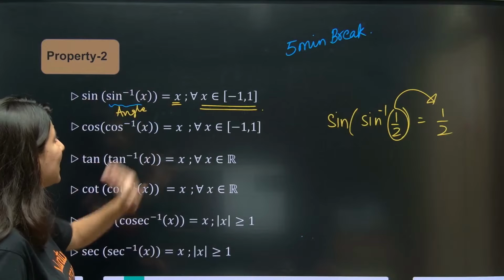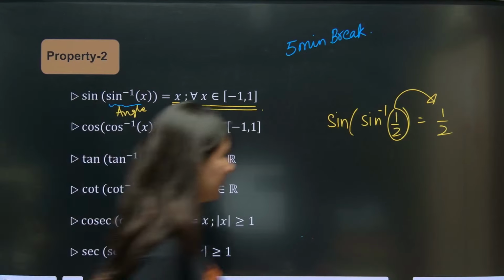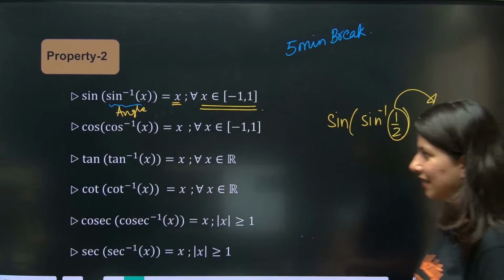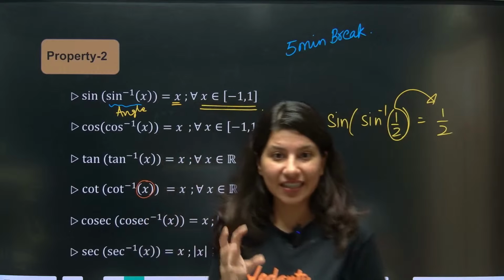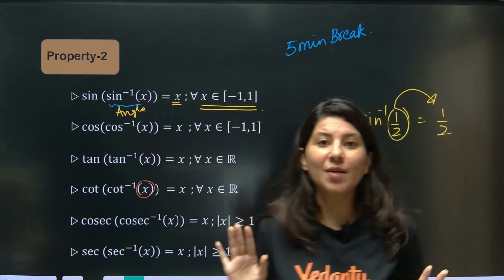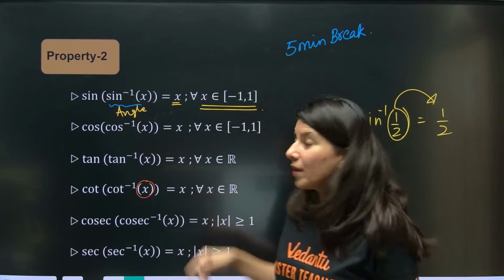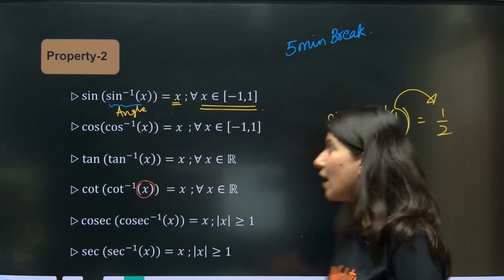Because directly you can write x. Did you understand the reason why? Because this x already is restricted now. So if the domain is restricted, you don't have to worry about anything. If your domain becomes random, then you have to worry, okay?